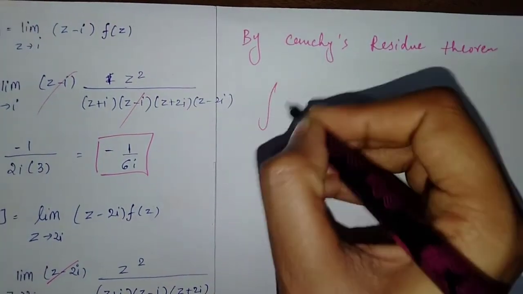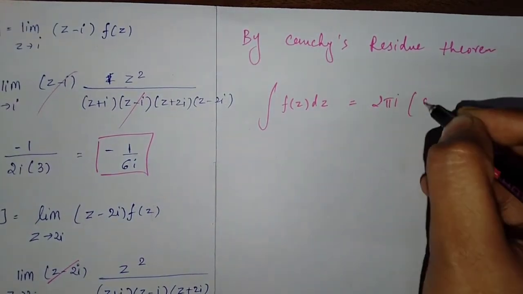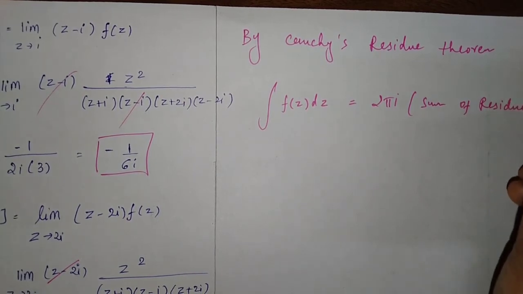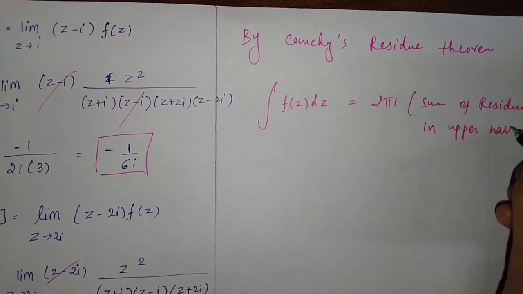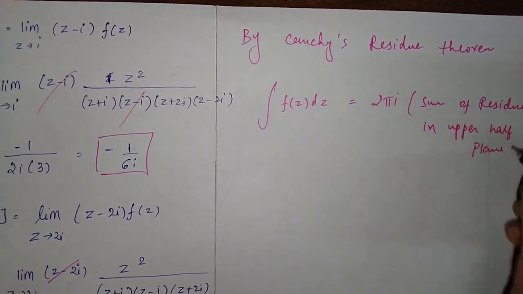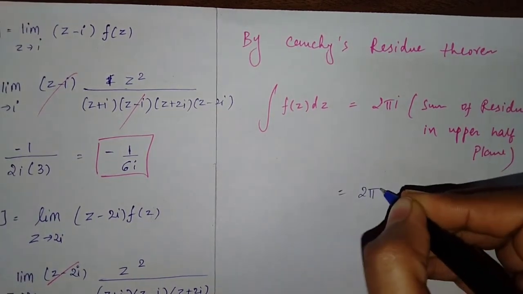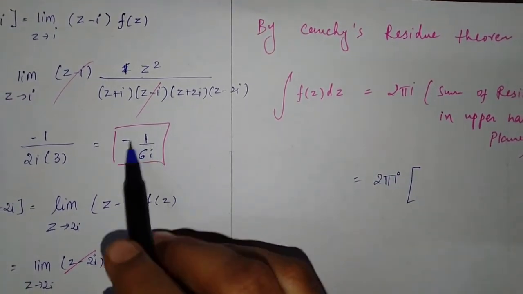That is integral of f of z dz equal to 2 pi i into sum of residues in the upper half plane. In the upper half plane, which poles we got, જે પોલ્સ આપણને ઉપર મળ્યા છે એનું જ આપણે રેસિડ્યુ ફાઇન્ડ કરવું છે. So it will be 2 pi i into first pole, first residue શું મળે છે?